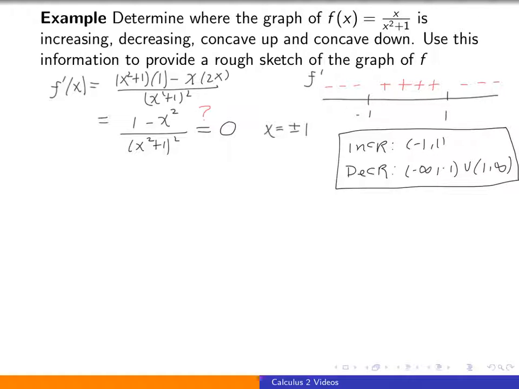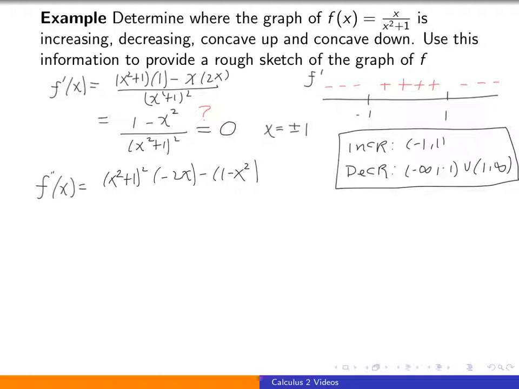Now we can do the same thing for the second derivative to determine those intervals of concavity. So for the second derivative, we need to differentiate the first. So once again, that's going to be something involving the quotient rule. So the quotient rule tells us low d high, so that would be x squared plus 1 squared times the derivative in the top, minus high d low.